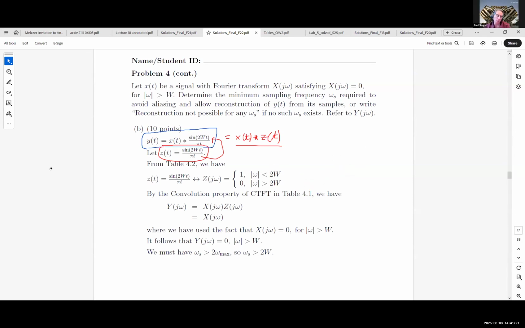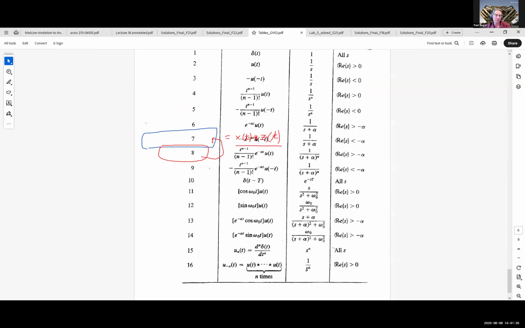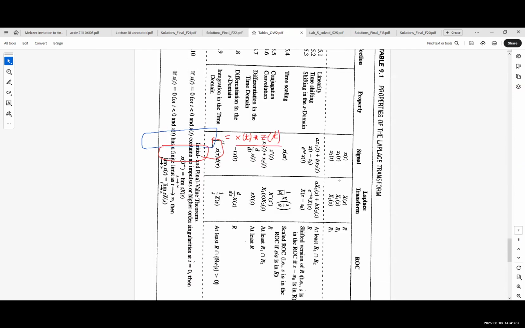Because the transform pair that we're working with here is straight from the chapter 4 tables.